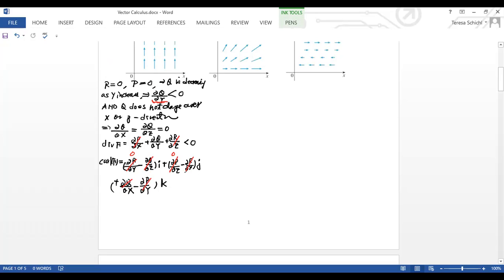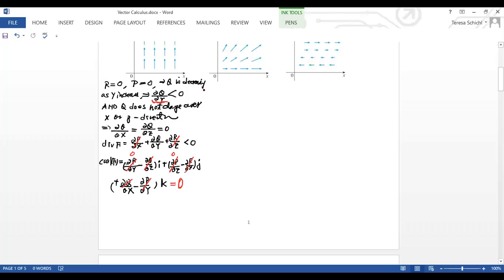So I know that the curl of F is equal to a 0 vector. That is why there are no rotations, no rotational motions there.